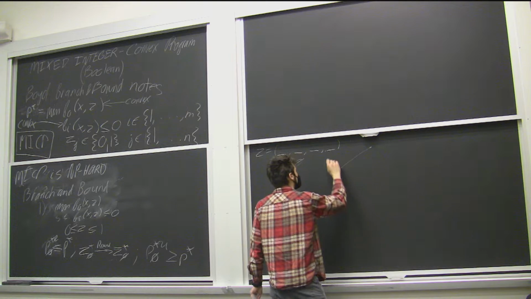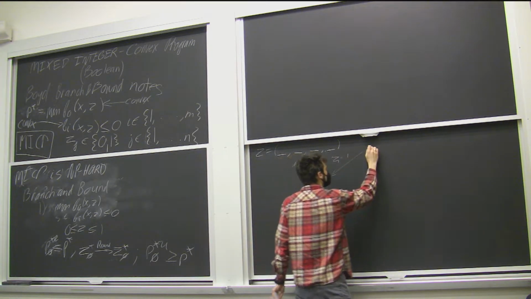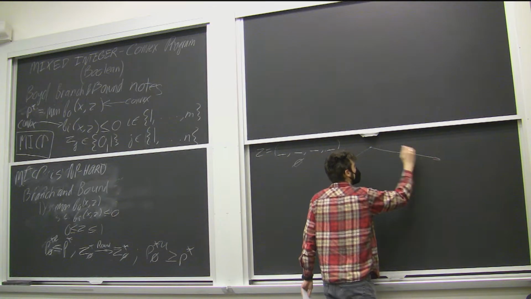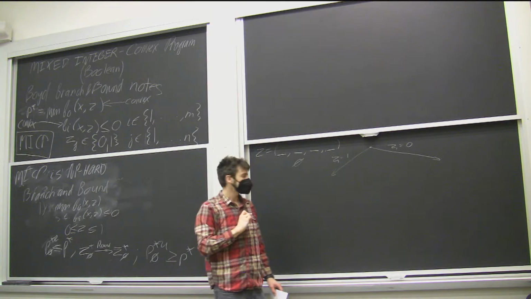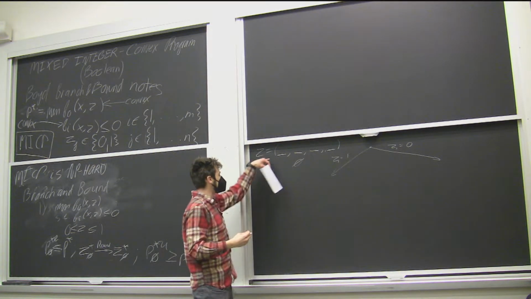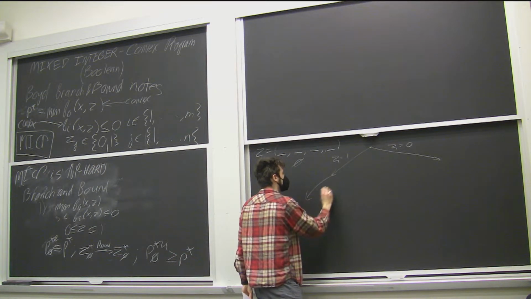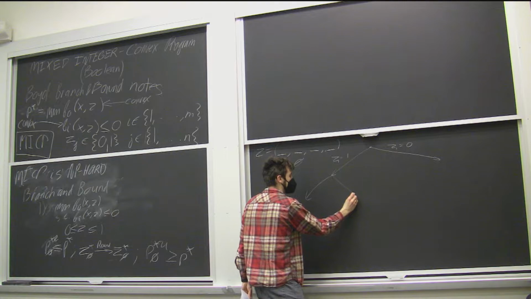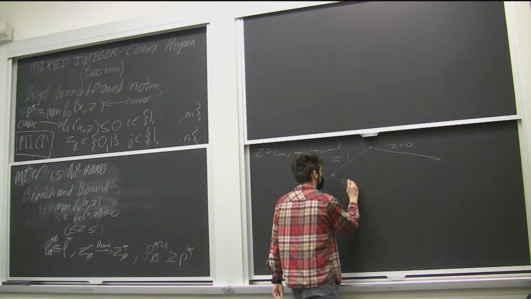Here, I'm going to declare z1 equal to 1, and z1 equal to 0. As we keep going, I'm going to solve these problems again and again, and then I'll have something like z2 equal to 1, z2 equal to 0.